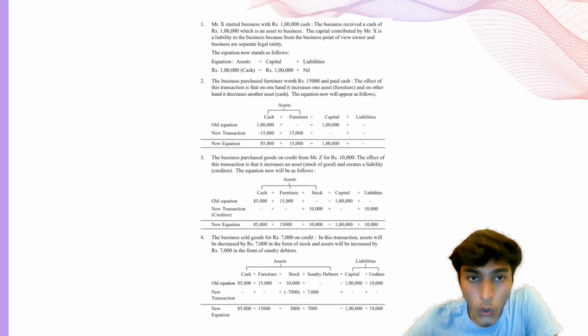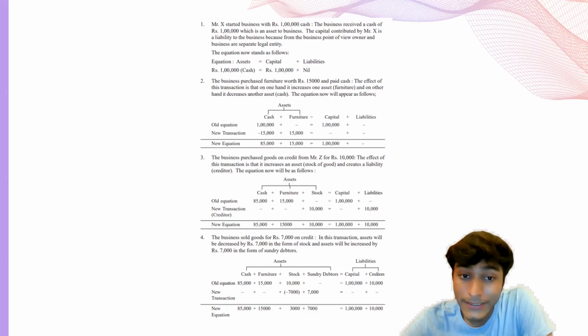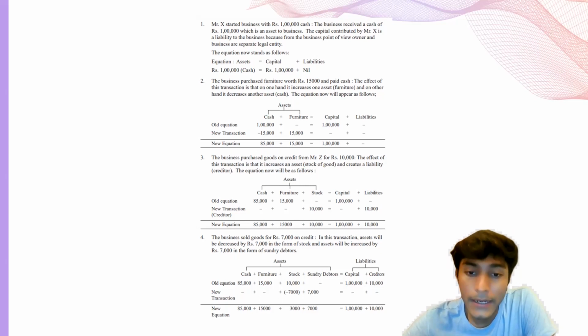For example, in the first entry, the total asset was the same as the total liability. In the second, in spite of there being two entries on the asset side, the new equation matched the standard accounting equation, with total asset again the same as total liability. In the third, in spite of the fact that we have not paid in cash, the total asset was the same as the total liability.